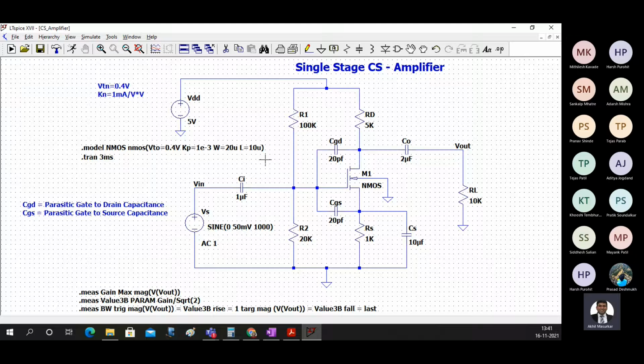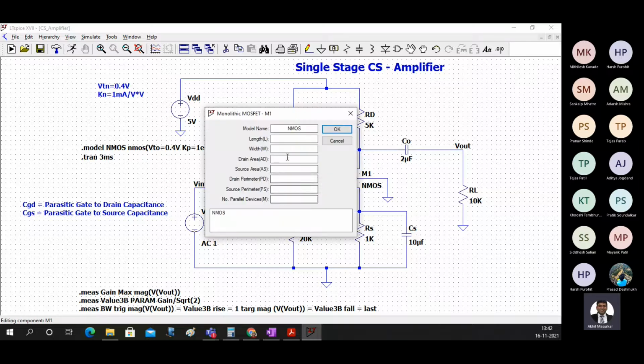Because many times if there are like 1 million MOSFETs, I cannot go to all of them and change the W by L of the transistors. So there has to be a way in which I can change the W by L of all of them. So I will name all of them as NMOS, and then I will say NMOS is NMOS, and these are the parameters for them. So these are the two ways in which you can specify the device parameters. If you open this, you can see many more.